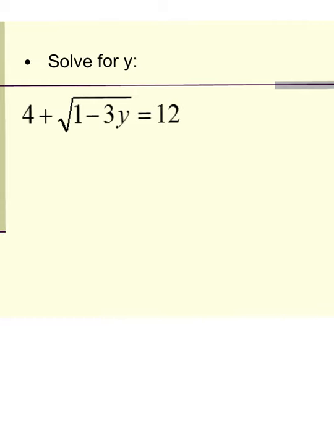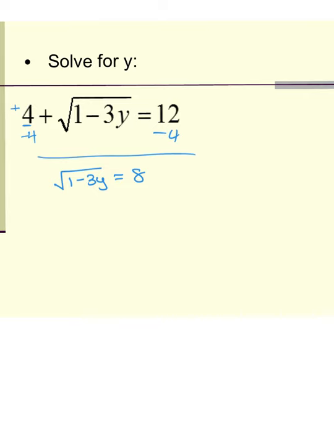For number 3, again, the first thing I want to check is the radical sign by itself. It's not. I have to get rid of this 4. Since this is really a plus 4, the opposite would be to minus 4 from both sides. Now I have the square root of 1 minus 3y equals 8.